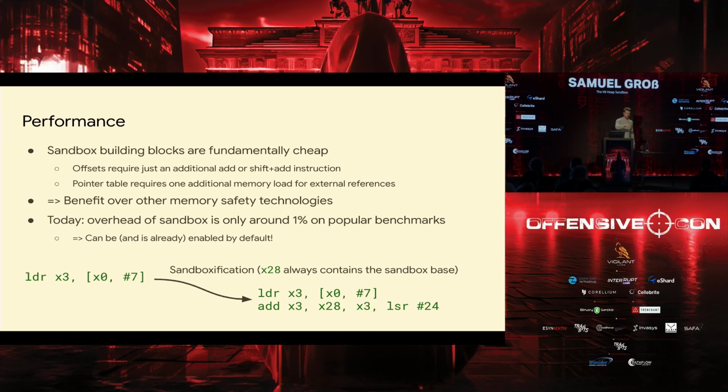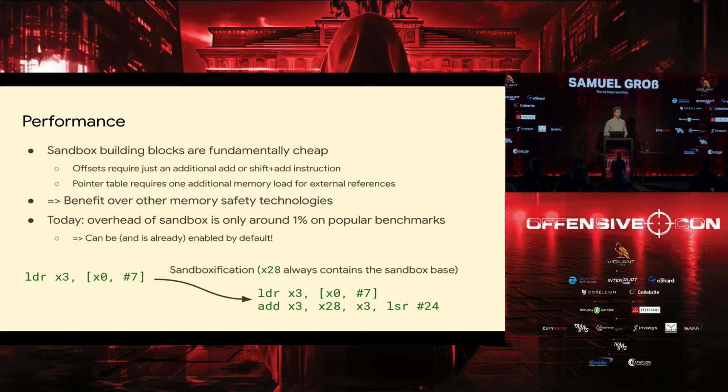So this add x3 instruction is adding x3 to x28 and right shifting it first. The right shifting guarantees that we only have 40 bits, and x28 is the sandbox base. So really the cost of the sandbox here is one constant time instruction, and that's very cheap.